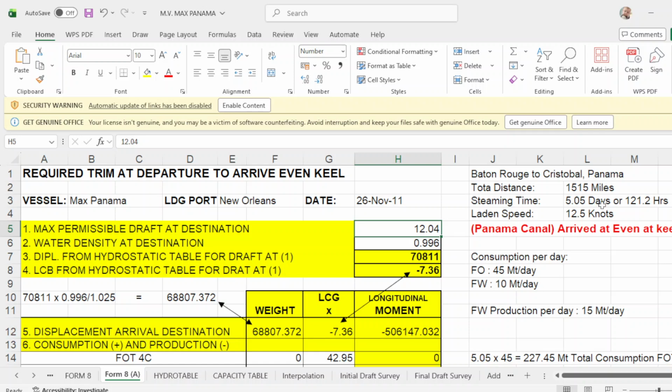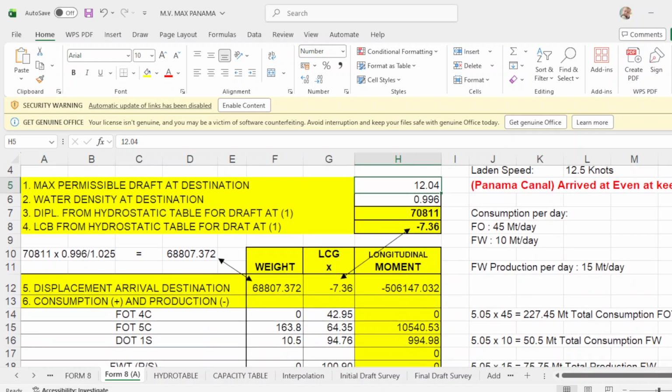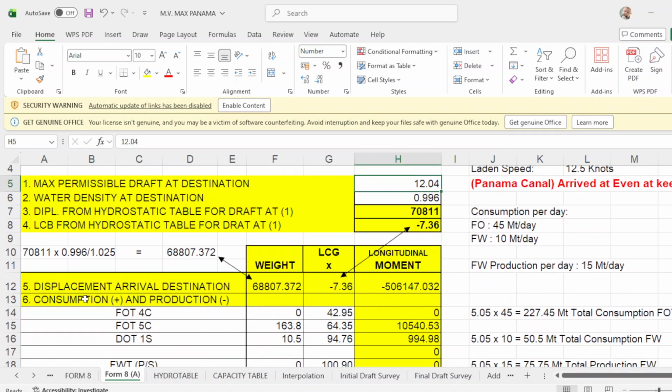This is number 5: displacement at arrival at destination. What is the displacement when you arrive at Panama? The density of Panama is 0.996.